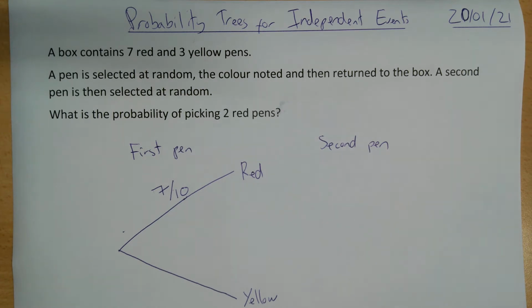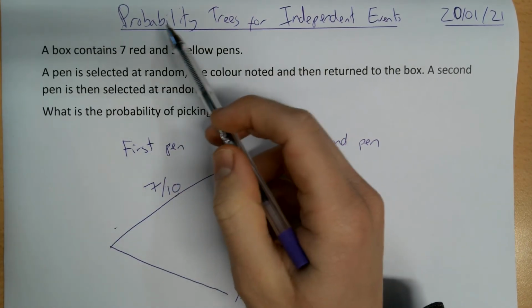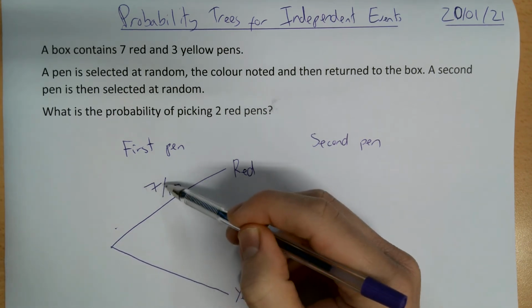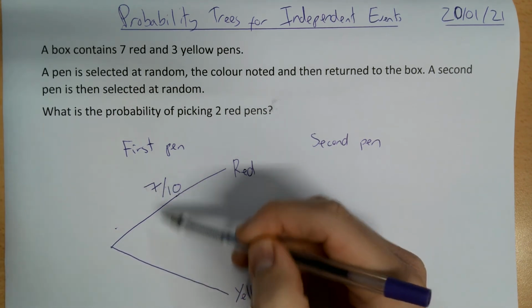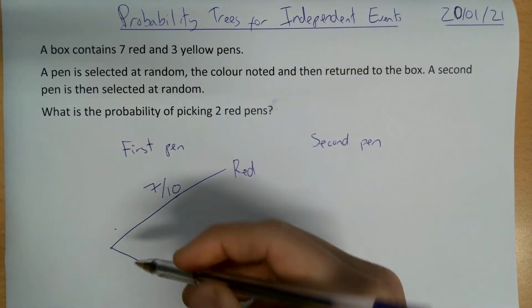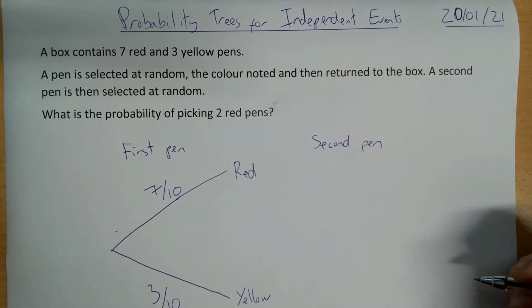So there are a couple of ways we could look at this. We could say, well, there are 3 yellows out of 10 altogether. The other thing we can look at is if the probability of this is 7/10, this and this need to add up to make a whole, so that would leave me with 3/10 here.